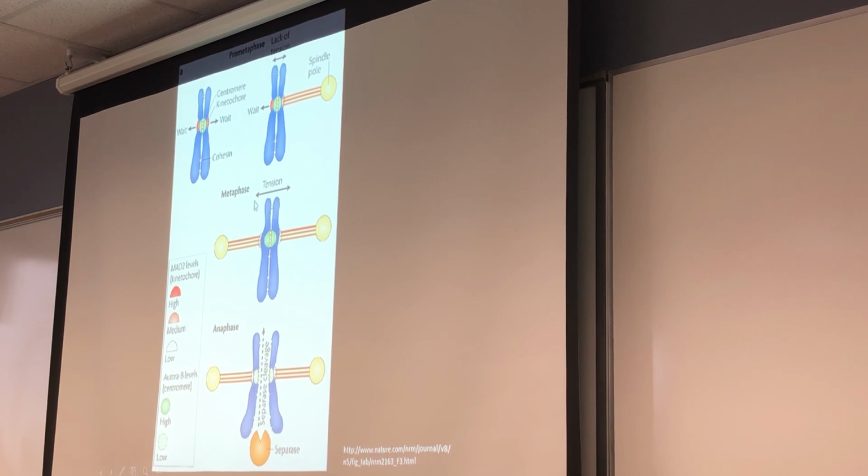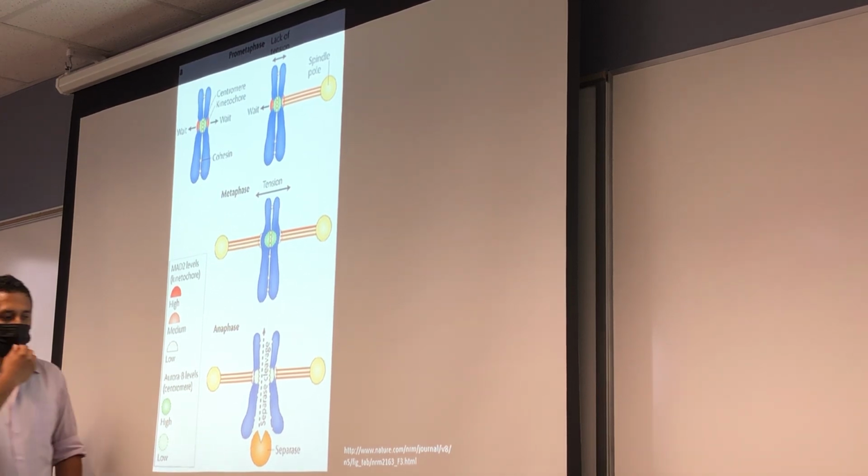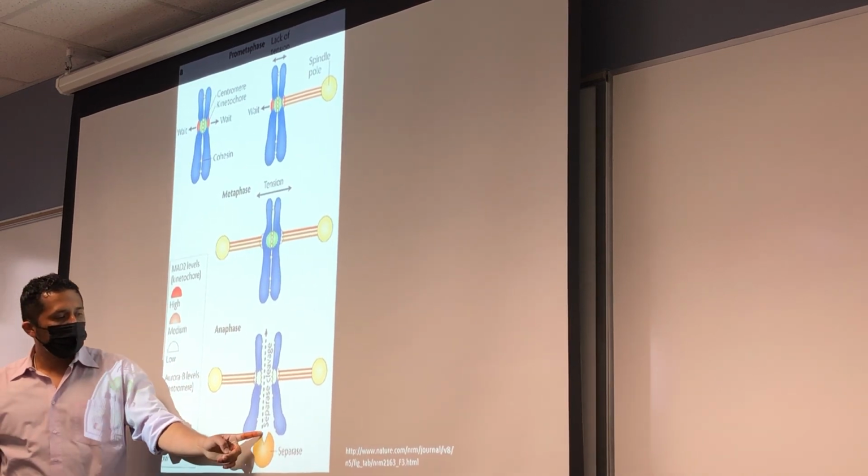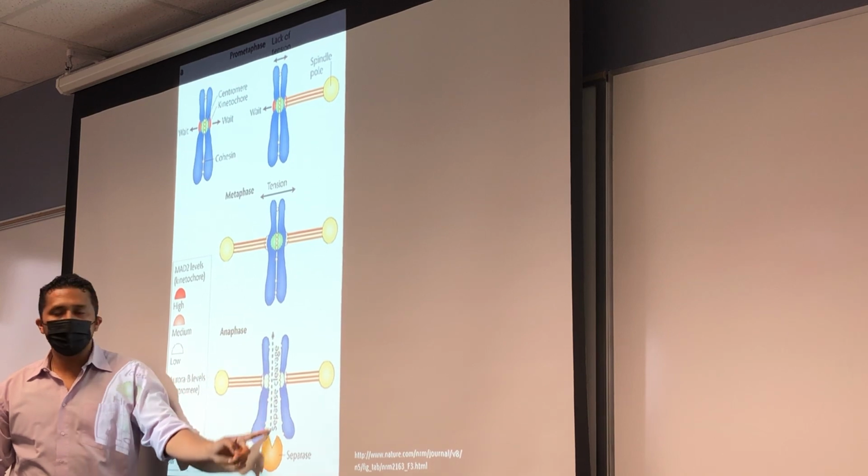Think about it like a tug of war, right? You're pulling from both ends, they are equally strong, so they're going to be placed in the middle. So that is the metaphase. Once all chromosomes are placed in the middle, that sends a signal to the separase. That is a protein that will come and bind and cleave the cohesion proteins.